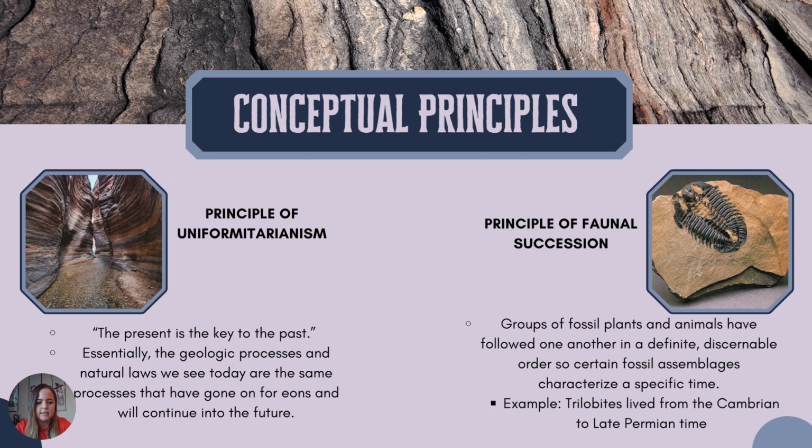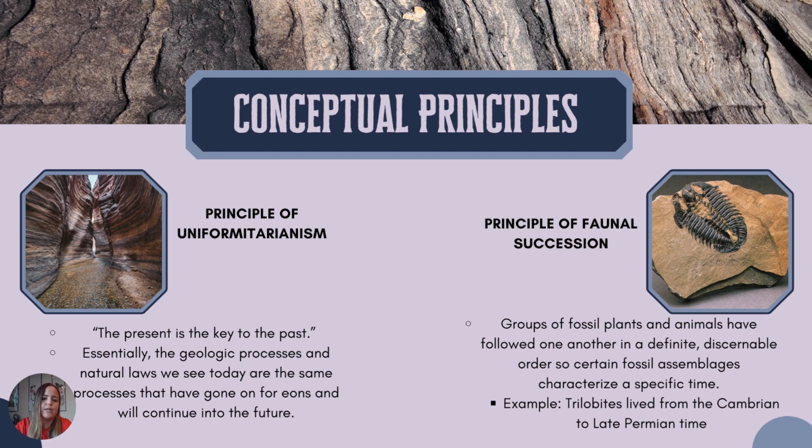With the principle of faunal succession, we're looking at groups of fossils, plants, and animals, and we are using them to characterize a specific time frame. For example, trilobites, we know lived from the Cambrian to Permian time.